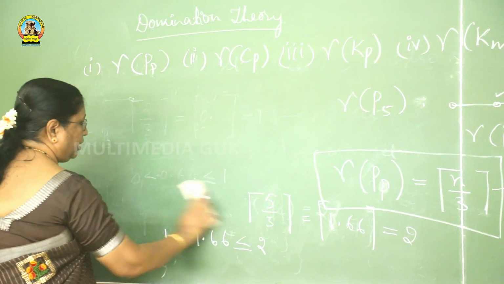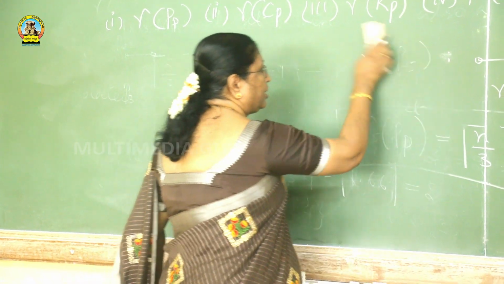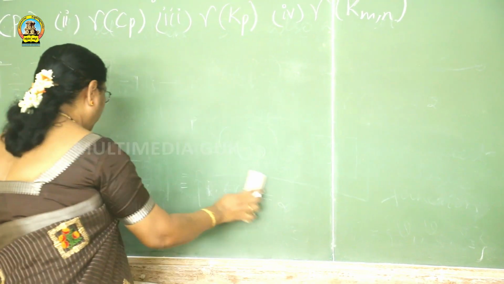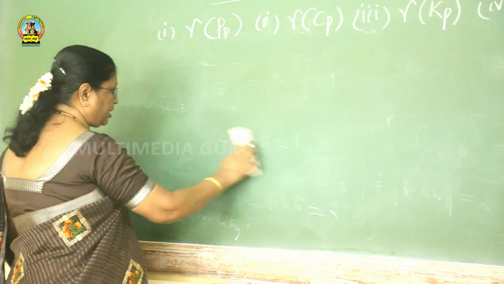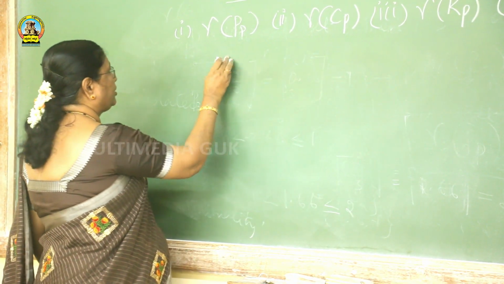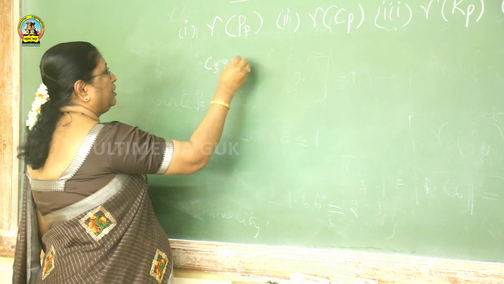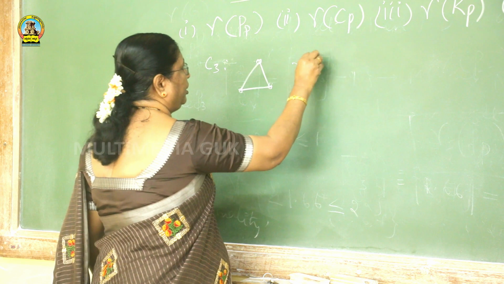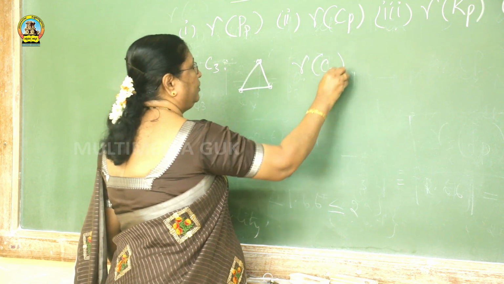Similarly, you can also calculate the domination number of any cycle. You know that the cycle starts from C3 onwards. C3 is this graph. For C3, the domination number is 1.